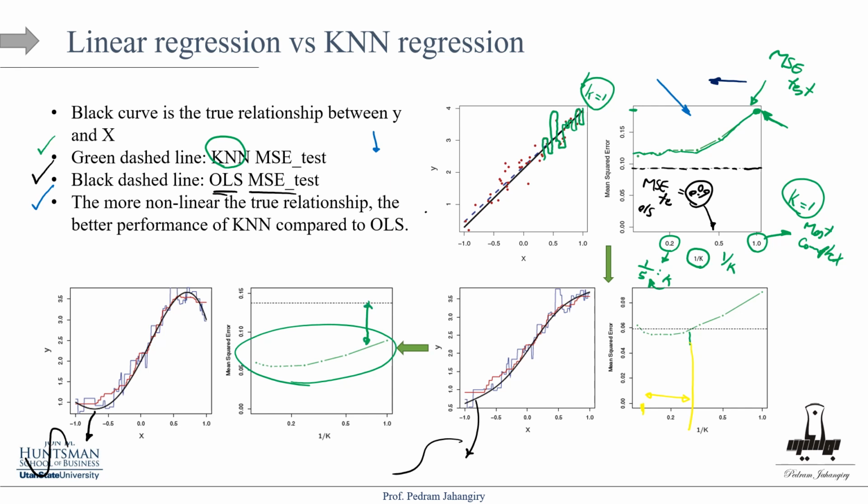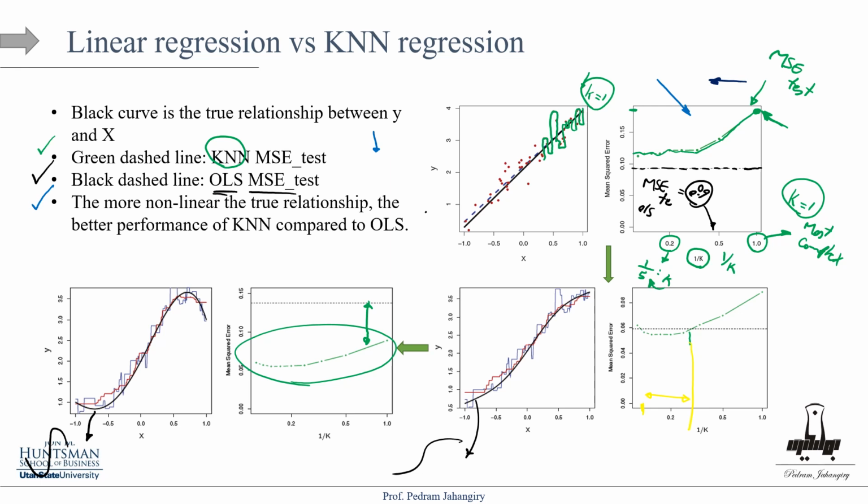So at this point, you might get excited and say, wait a minute, why don't we use KNN as a regressor all the time compared to OLS? Because look at that, when the data is nonlinear, KNN is doing a very good job compared to OLS. So what do you think about that? You might say that KNN is a non-parametric model.